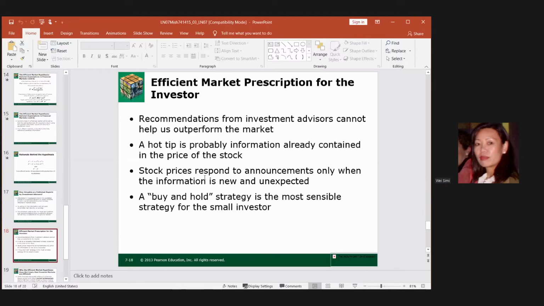Okay, so stock price responds to an announcement only when the information is new and unexpected. The word here is unexpected, very, very important. Next month is going to be earnings season again. If you follow a couple of stocks, you will see. When earnings season comes, you will feel surprised. For example, Goldman Sachs earnings come.